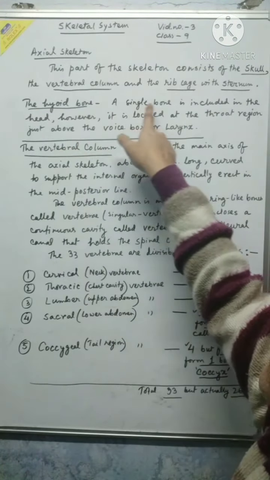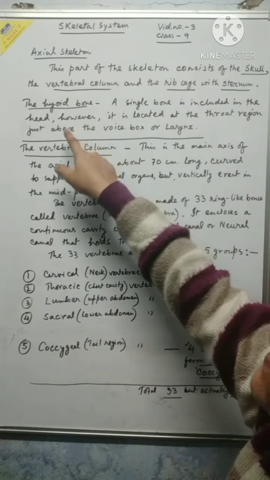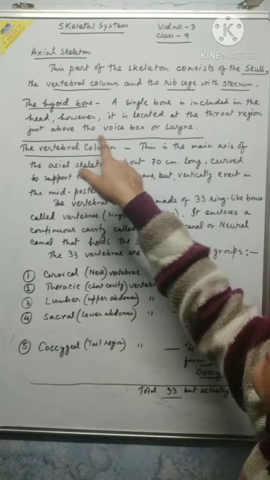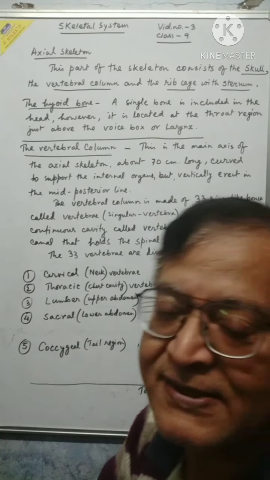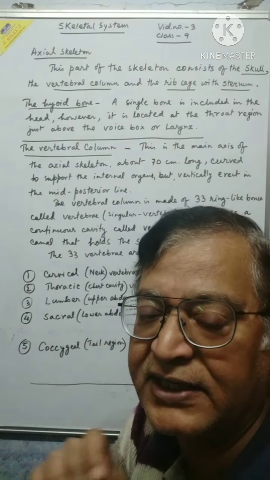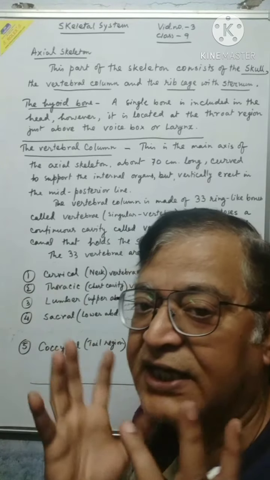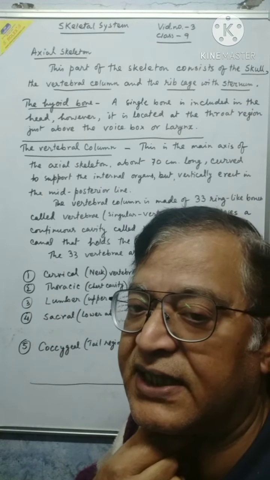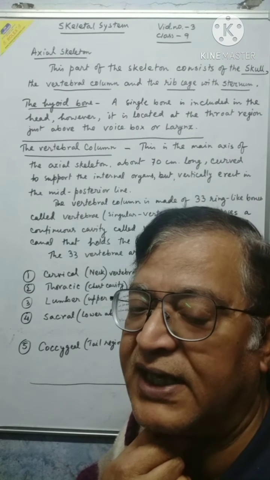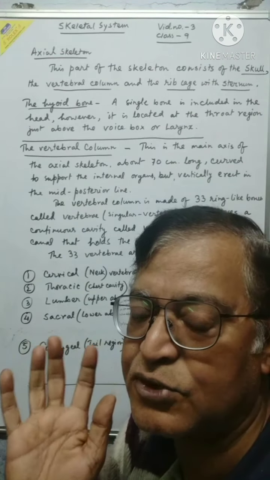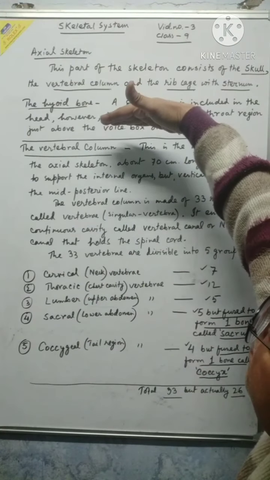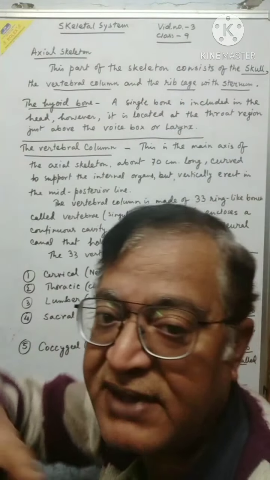A single bone is included in the head, however. It is located at the throat region just above the voice box or larynx. This makes the 29th bone of the skull region, head region. The hyoid bone is present at the upper portion of the larynx to support the back portion of the tongue and the larynx. So that completes the bones of the head.